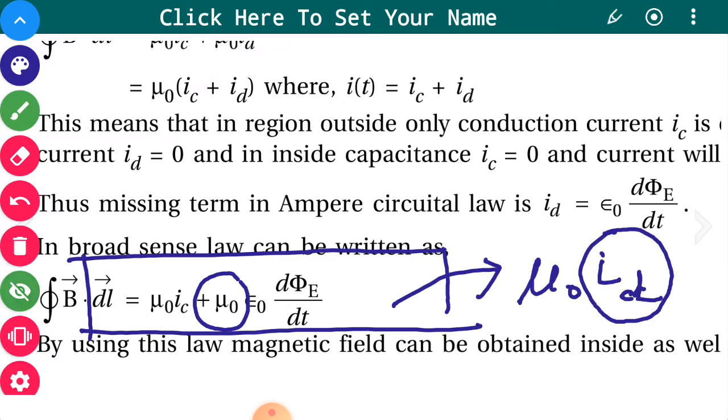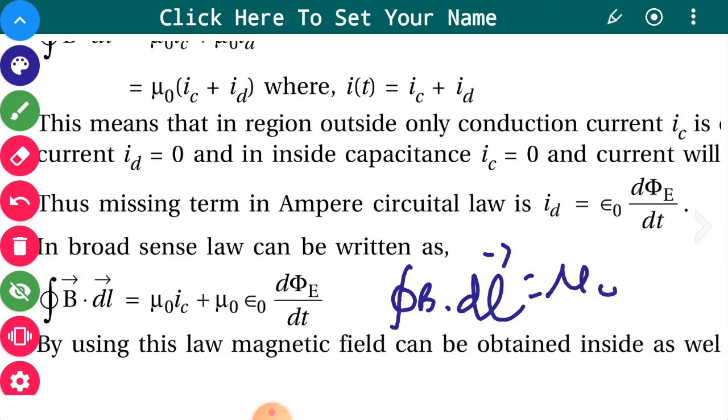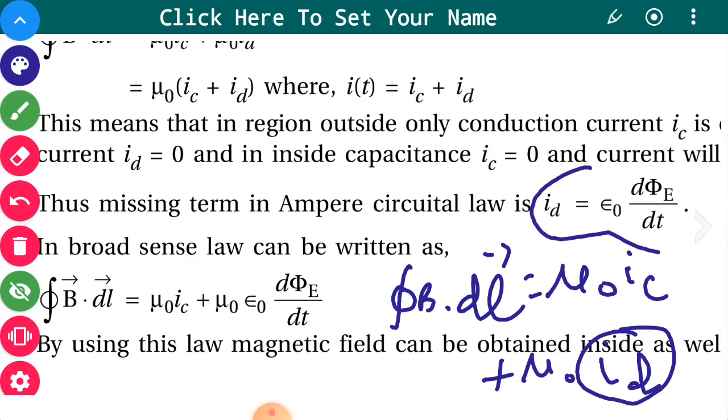So here you can understand that the part which was there, integration B dot dl, is equal to mu 0 IC plus mu 0 ID. Instead of this ID, we have epsilon 0 d phi E by dt.